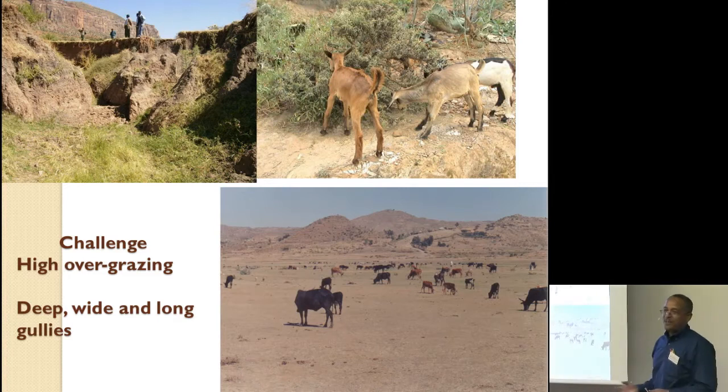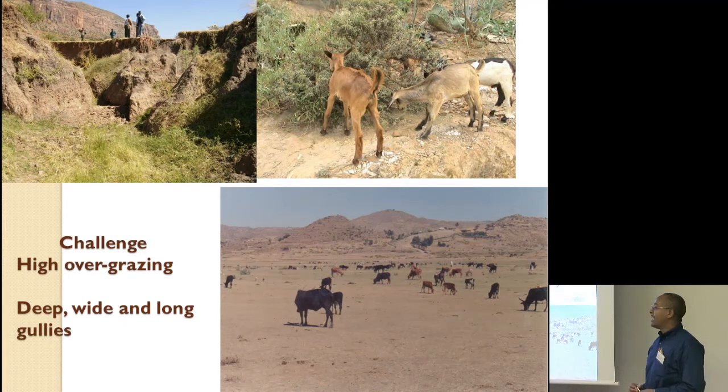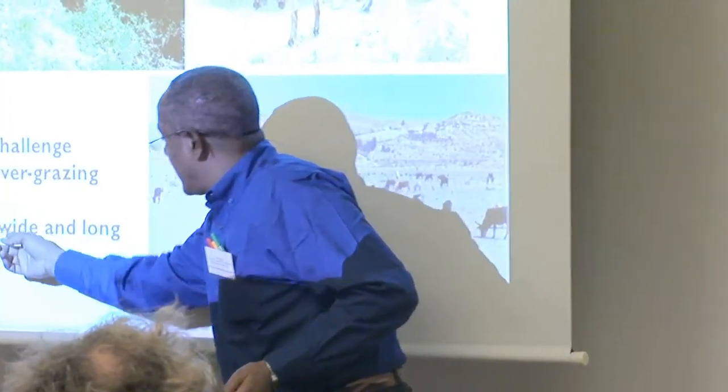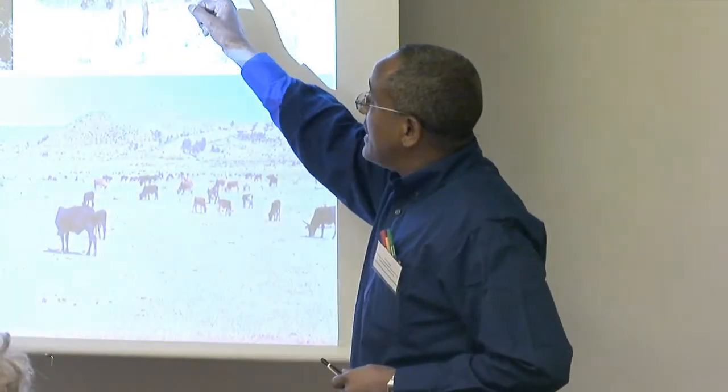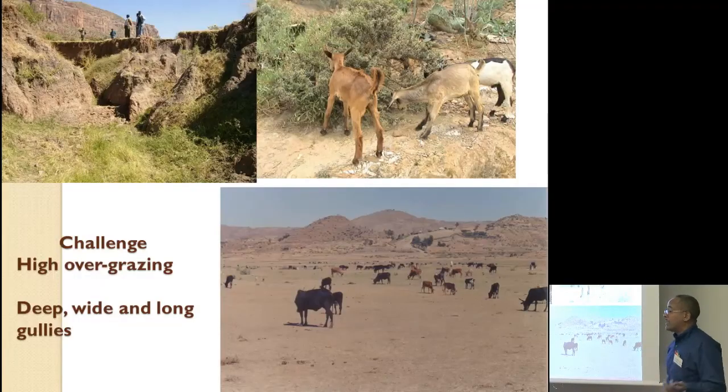They don't have anything to graze, but they go and come back home for nothing. Then it is high overgrazing, deep and wide, as well as long valleys. And you can see that what is left over is very good for the goats.